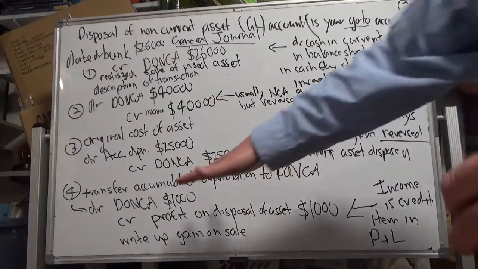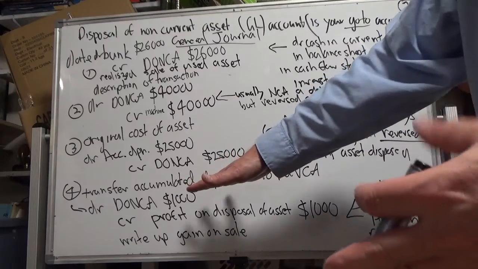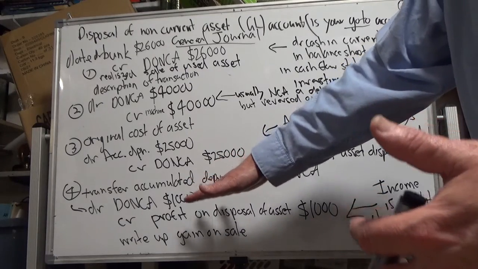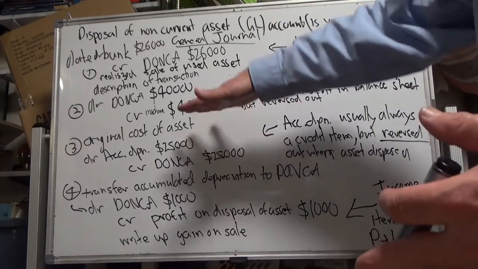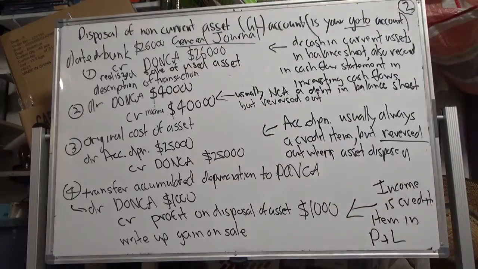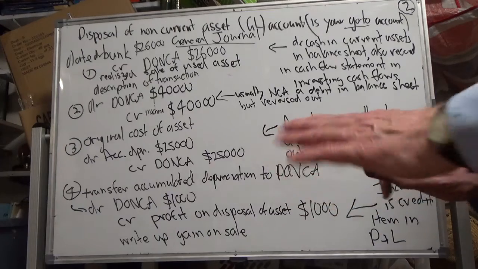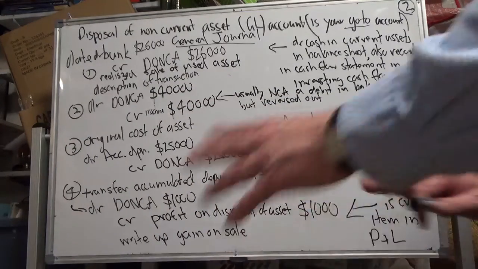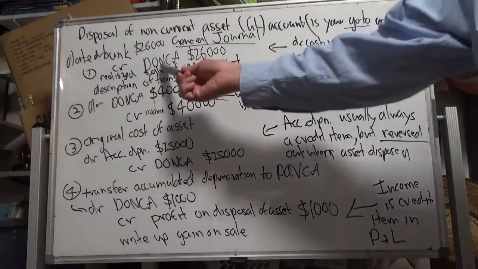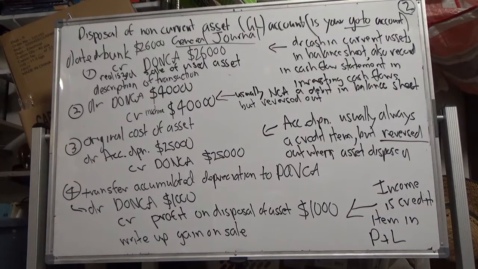Now, again, what makes it easier to remember is that disposal or DONCA goes in all these general journal entries. So DONCA is your go-to account in this. Similar to how bank is a go-to account in another series of transactions, but in this one, bank is only one, the realised sale.